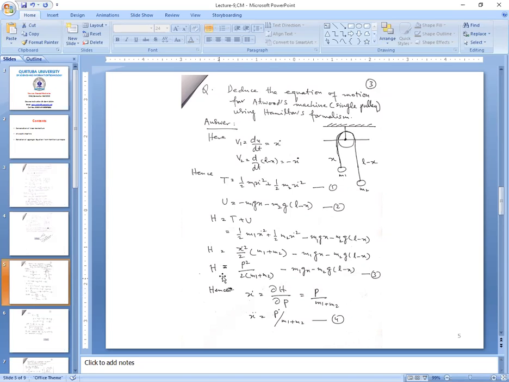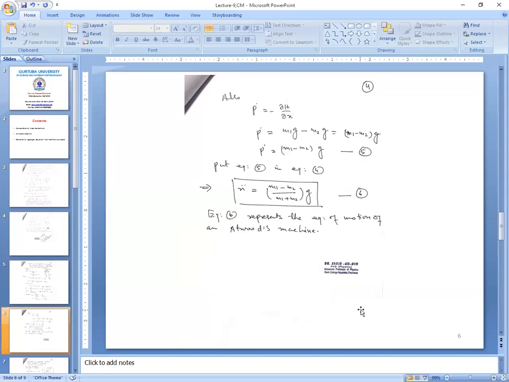If you differentiate equation number 3 with respect to p, we are left with p divided by m1 plus m2, because these two terms have no momentum term p, so they become 0, and only for this term we get p divided by m1 plus m2. If you differentiate this again with respect to time, it becomes x double dot is equal to p dot divided by m1 plus m2. So remember this equation number 4.